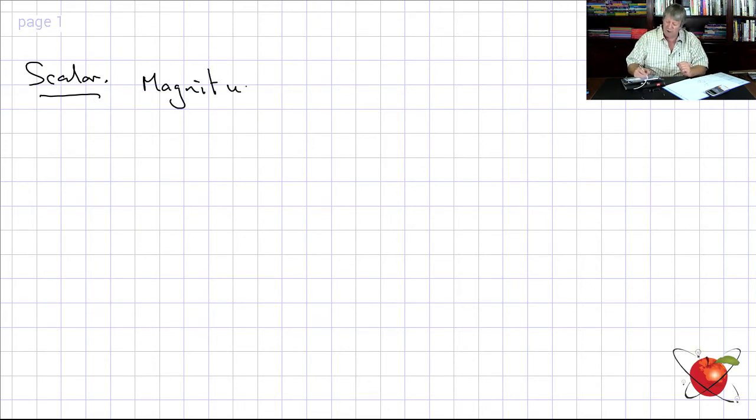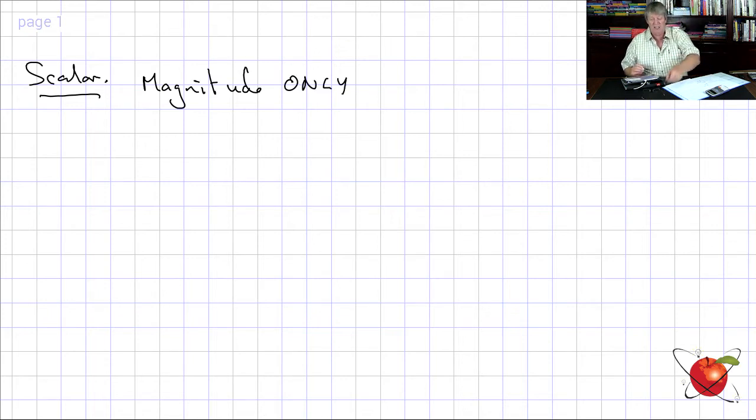Let's just have a look. What is a scalar? A scalar is just a magnitude, isn't it? It is a magnitude only.